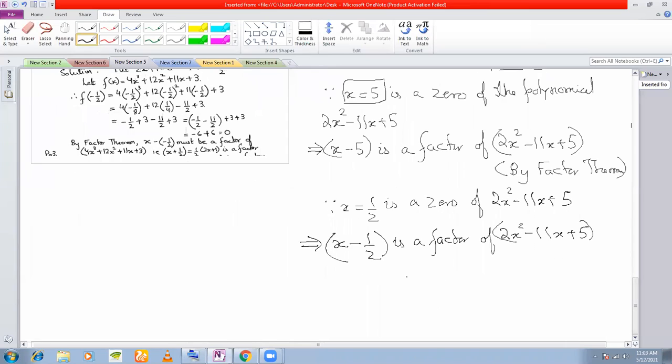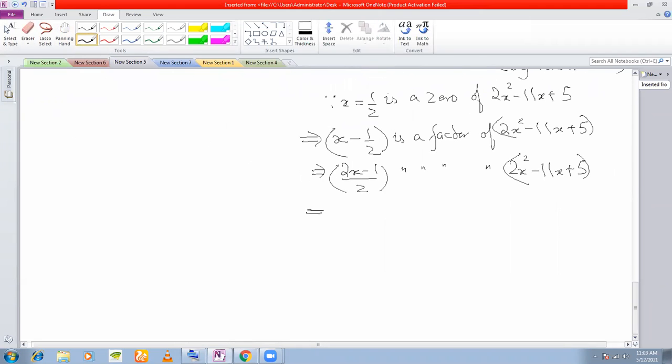That means now if you simplify this, you take the LCM, you get 2x minus 1 by 2 is a factor of 2x square minus 11x plus 5. That means now this you can write as the product of half and 2x minus 1.